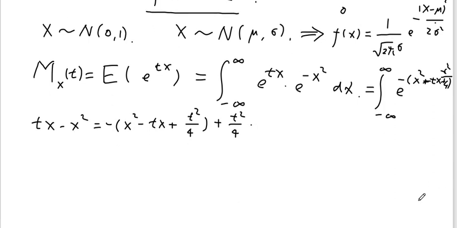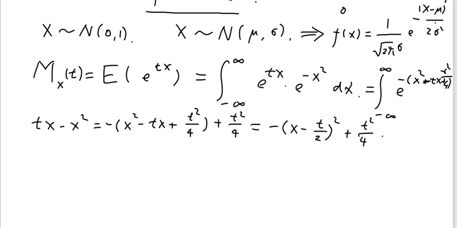So this is just equal to negative (x minus t over 2) squared plus t squared over 4.